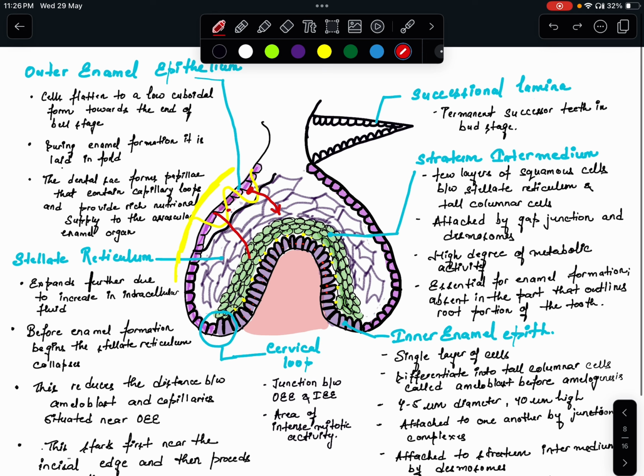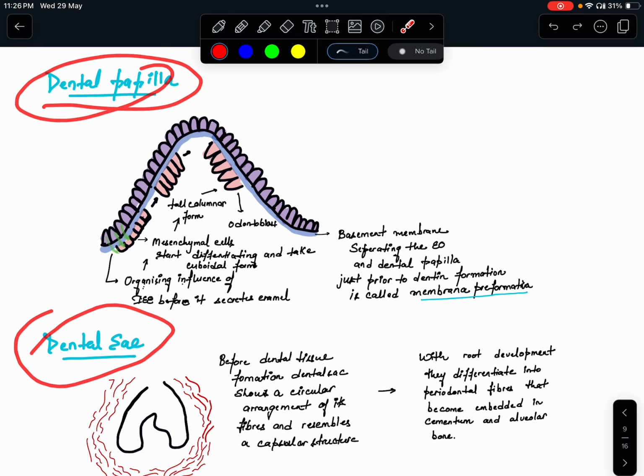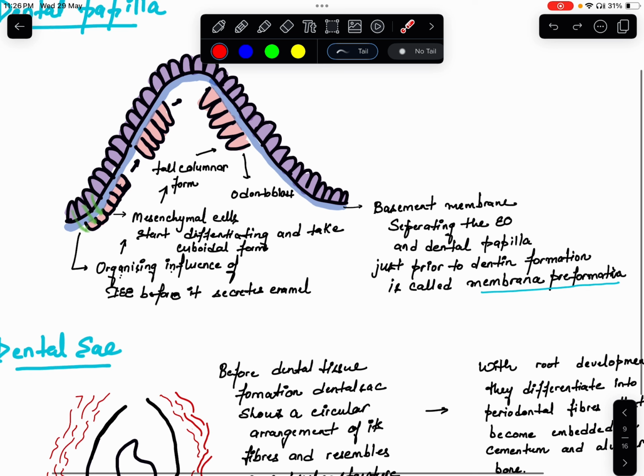Now, moving to the next slide. Dental papilla. Some changes will happen in the dental papilla and the dental sac as well. As I already explained, the inner enamel epithelium is converted into ameloblasts now.